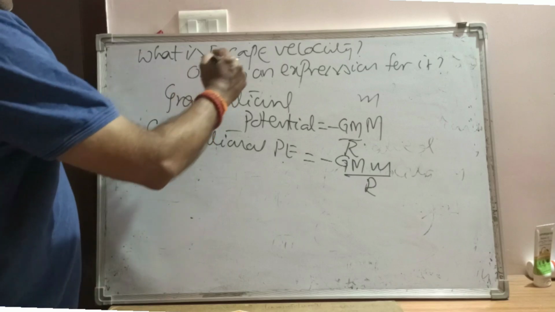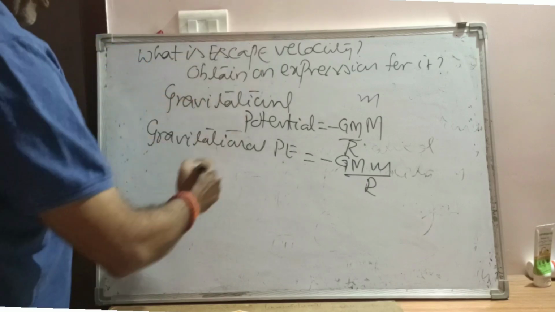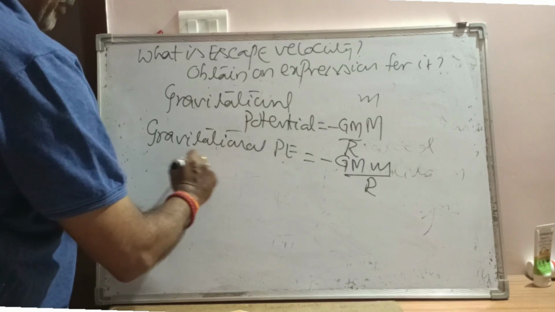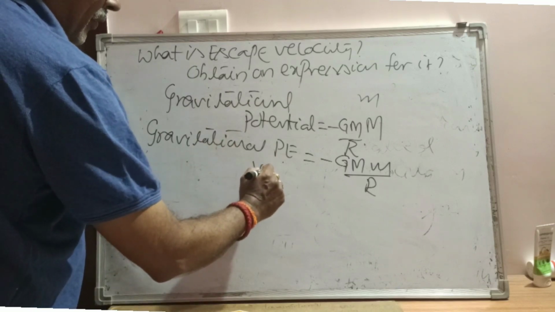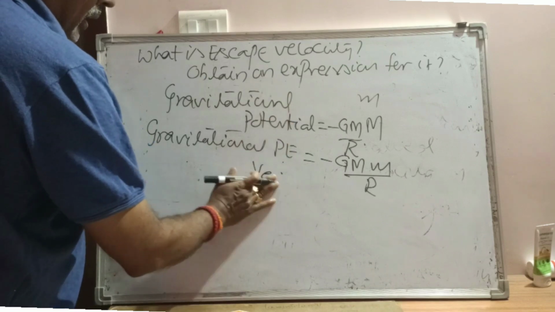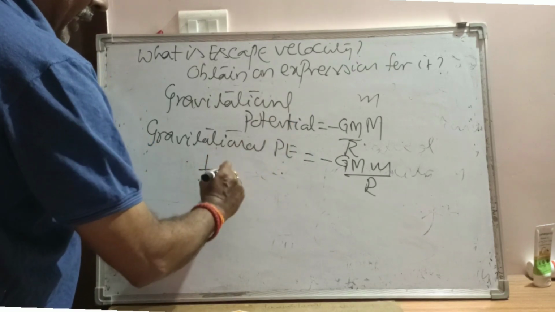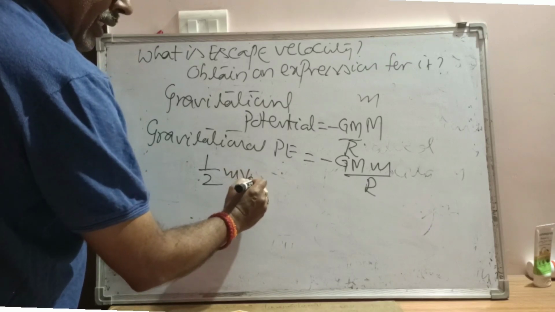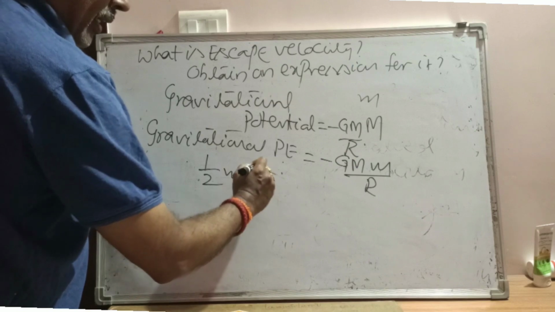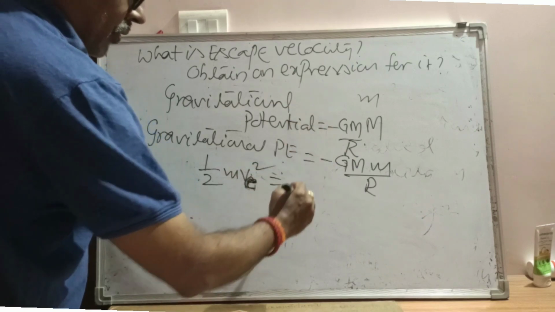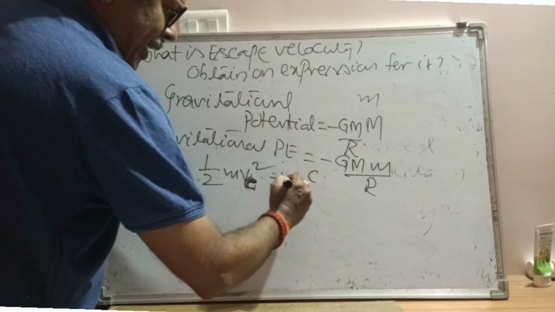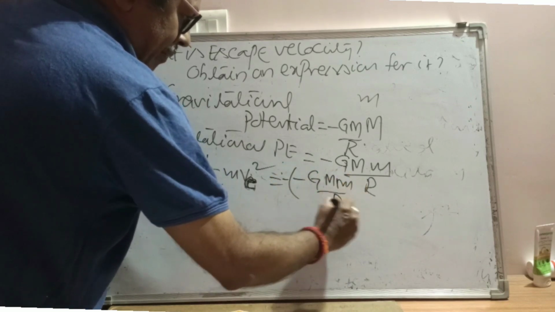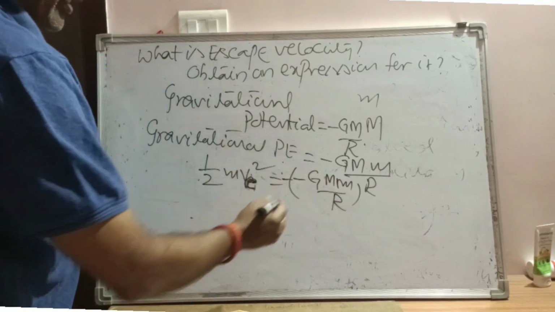So, in order to escape the body from the gravitational pull of the earth, here let the body be projected with the velocity of Ve. Therefore, kinetic energy of the body, half m Ve square, is equal to gravitational potential energy, minus of G M m by R, because these two are opposite and equal.